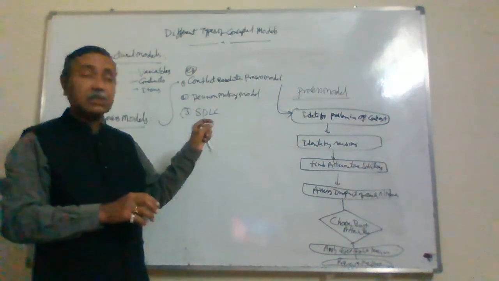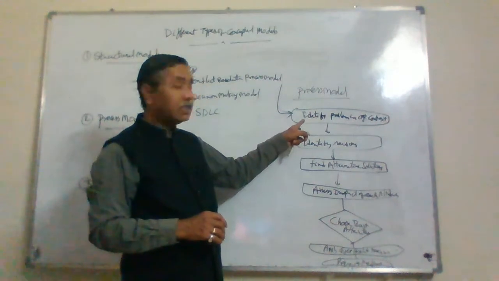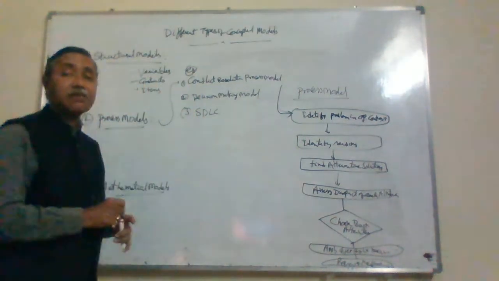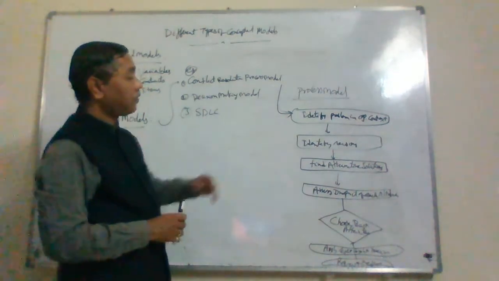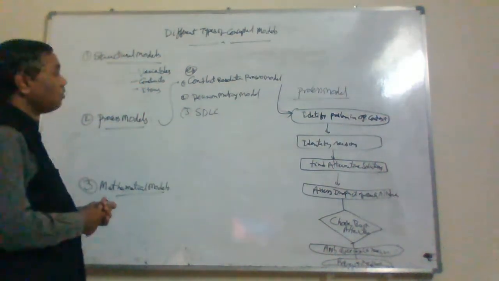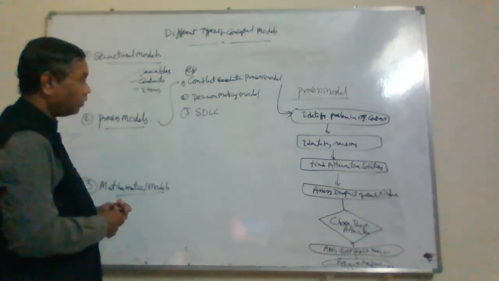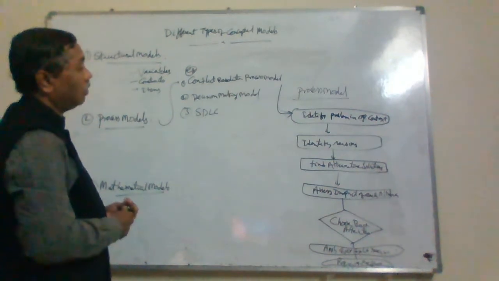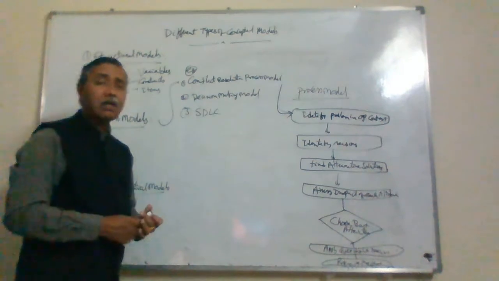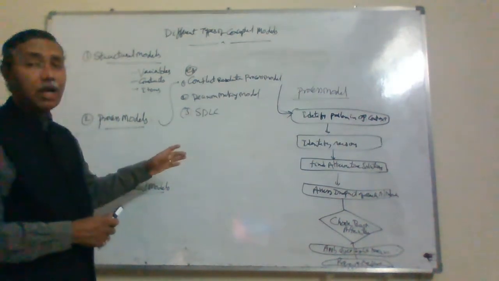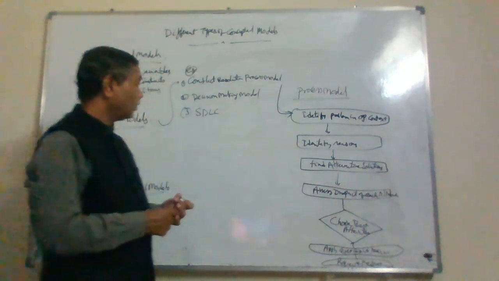So process models indicate a series of actions. So we can use a structural or process model in management research, but if you want to prove a hypothesis, it is better to use a structural model, right?